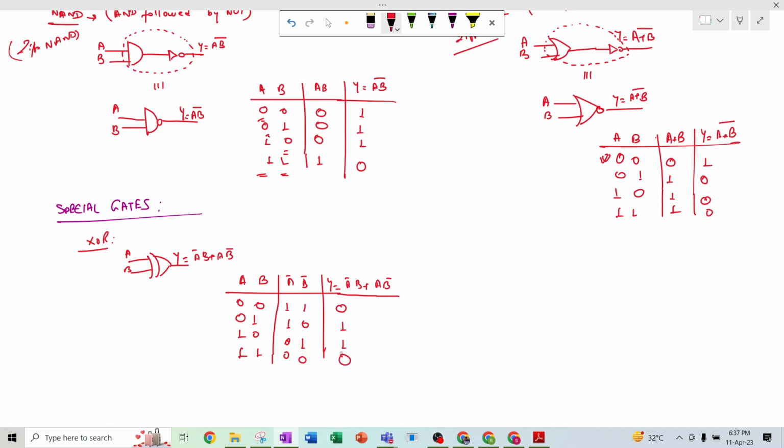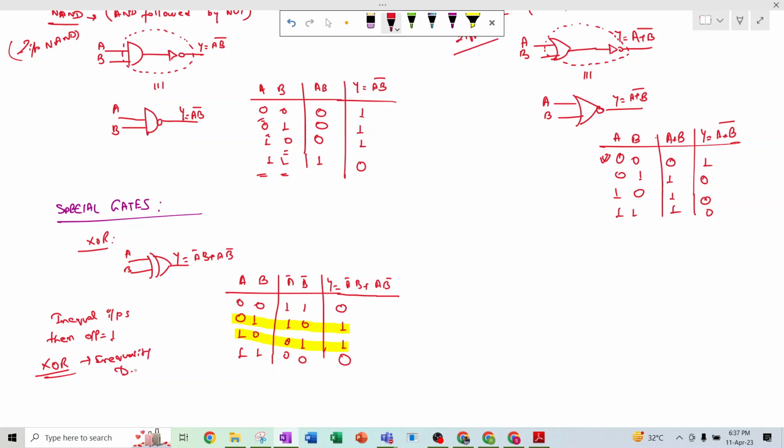So we can see that in these parts the output will be 1. That means if there are unequal inputs, then the output is equal to 1. So the XOR gate is often known as an inequality detector.